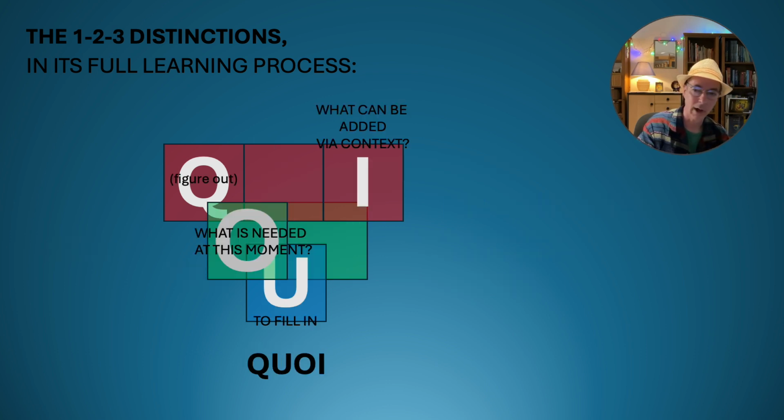For the QUOI now, just to compare it one more time, you have the sounds written down, or the letters written down, Q, O, U, and E. You can translate it off by the O, of course, after that, looking for context, what is really needed at this moment in O, to fill in with U, what can be added, again, via context.